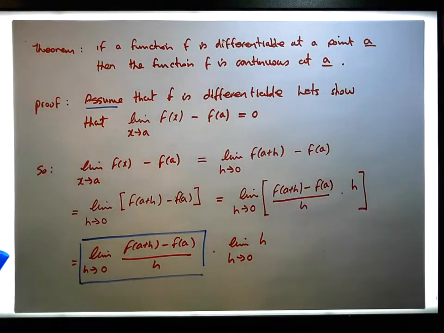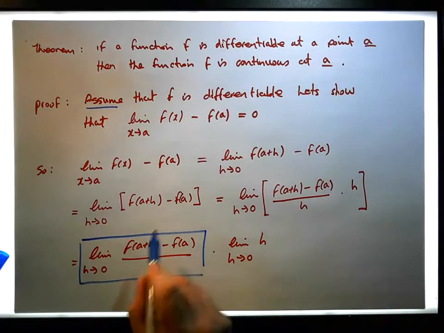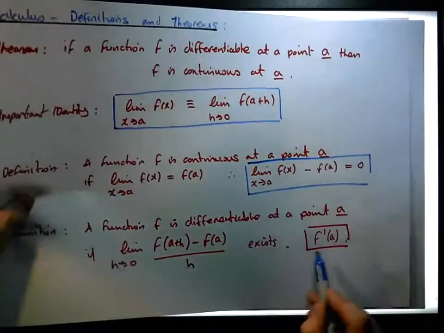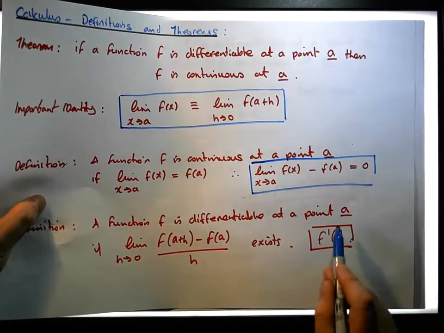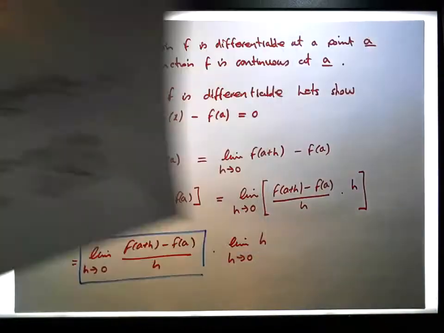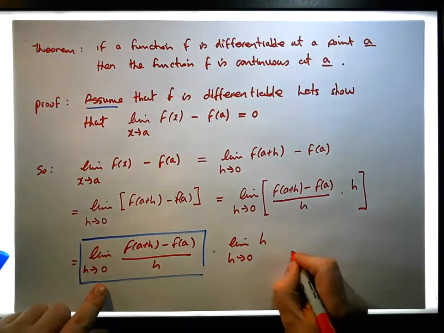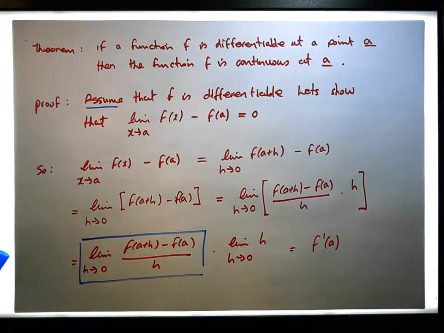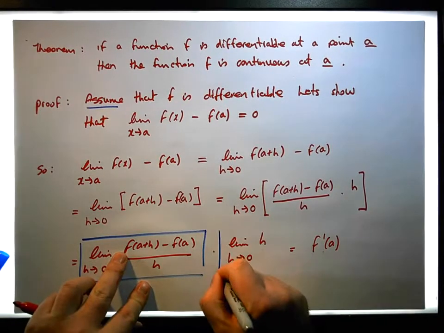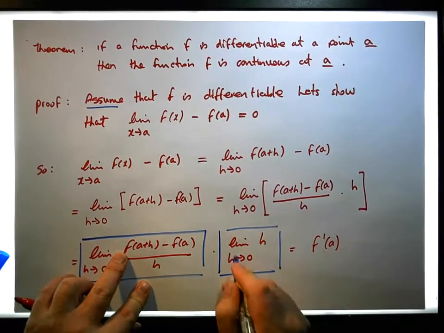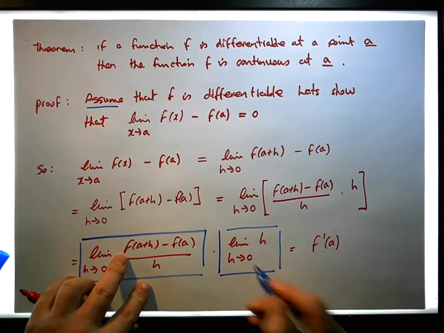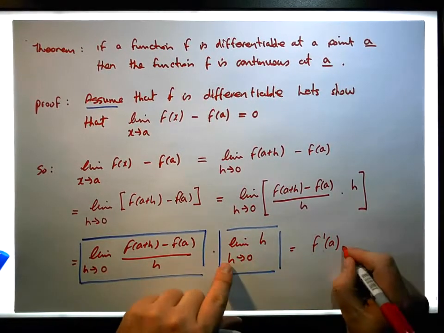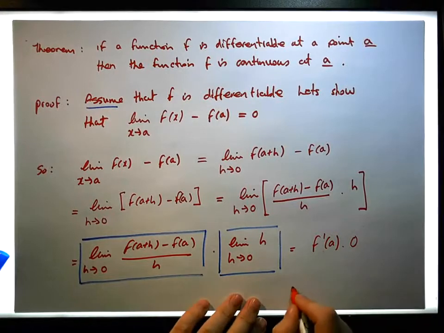We call it f prime of a. So this piece here is f prime of a. But hang on a moment, the limit of h as h tends to 0 is simply 0. So this is f prime of a times 0, which equals 0.